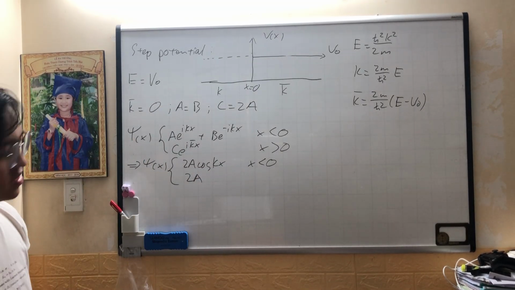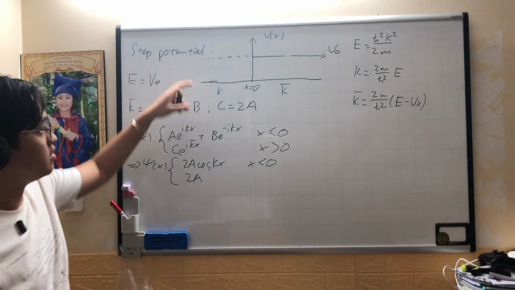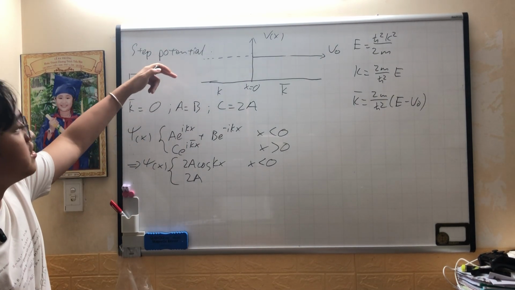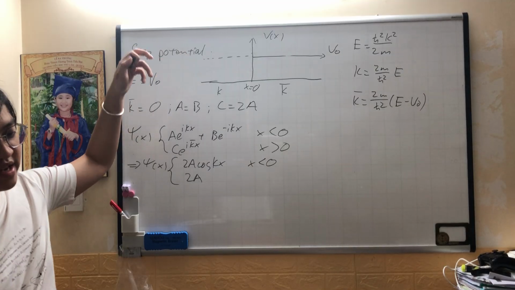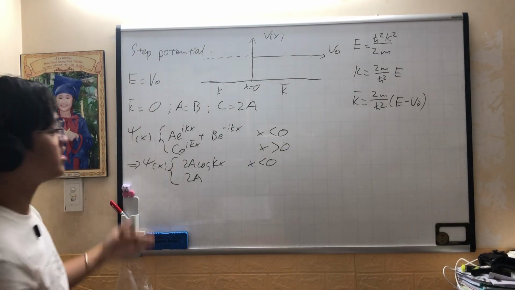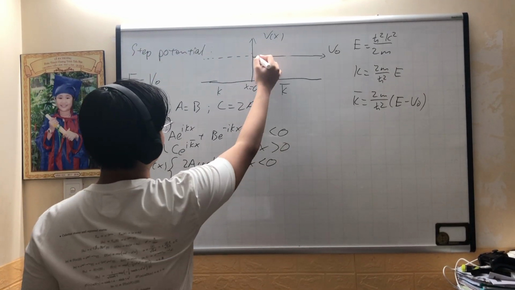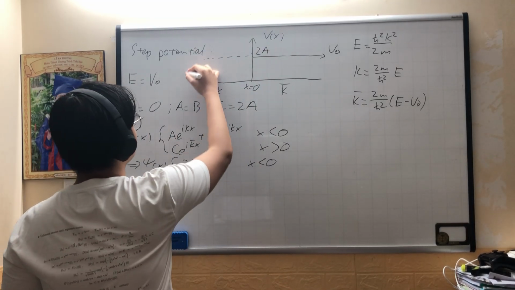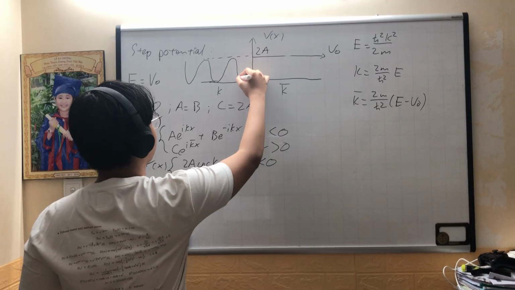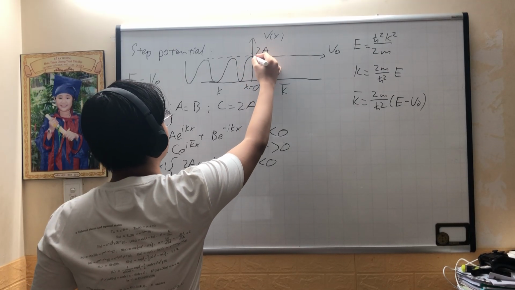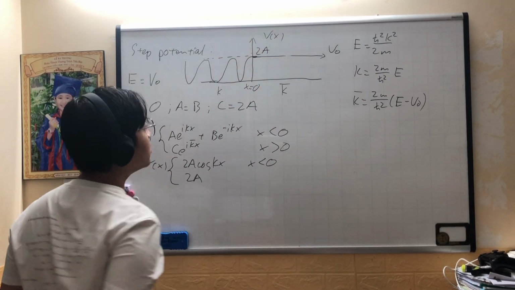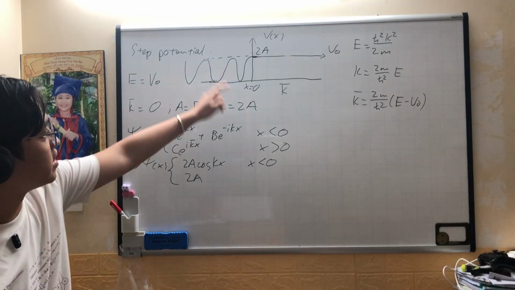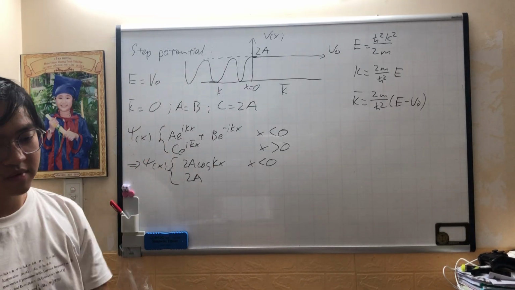So your wave function is a cosine with magnitude 2A, and eventually it turns into the line 2A at x equals 0.